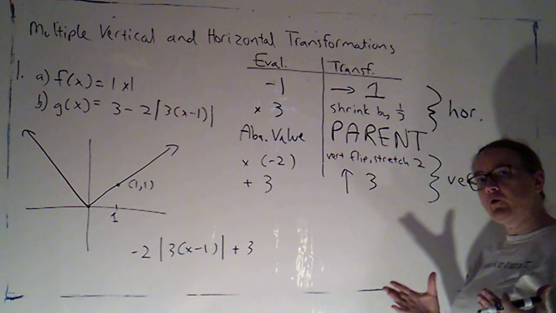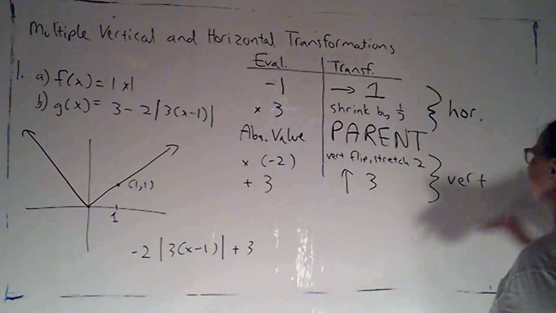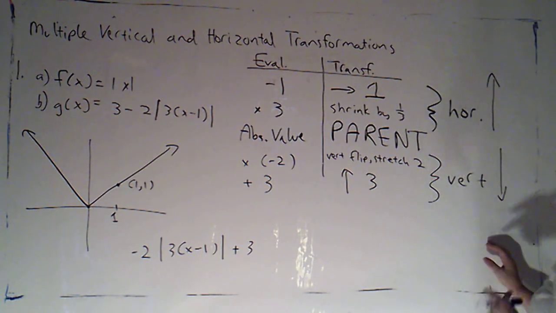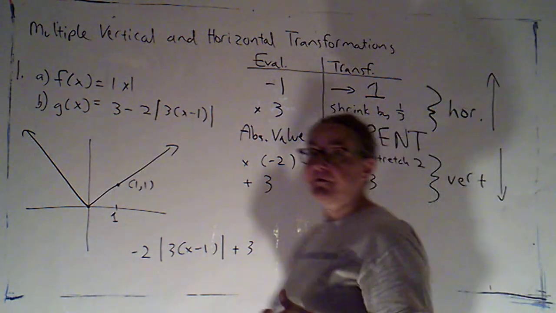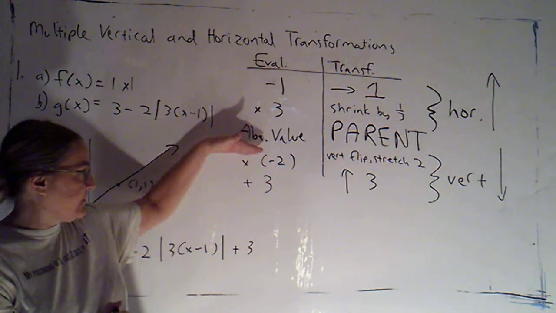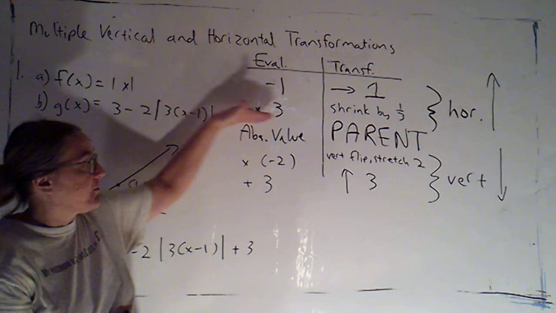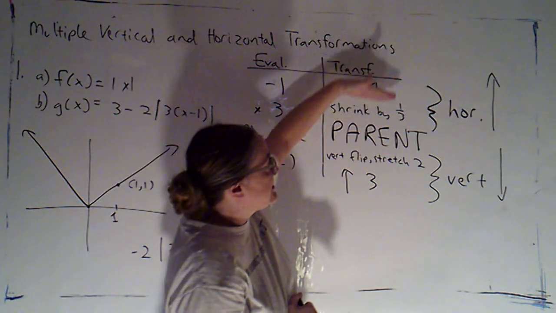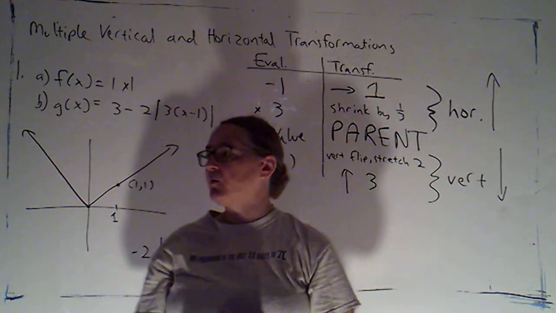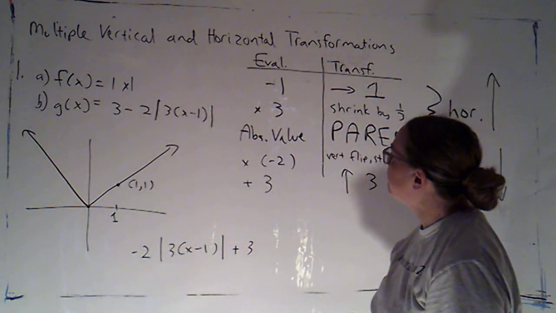And remember, the rule for the order in which we're doing these things is that we're always moving away from the parent function, which has the effect of saying that for the vertical transformations, we're going to do those in the same order in which we would evaluate things. But for the horizontal transformations, we're doing those in the opposite order from that in which we evaluate the function when we plug in a number for x.